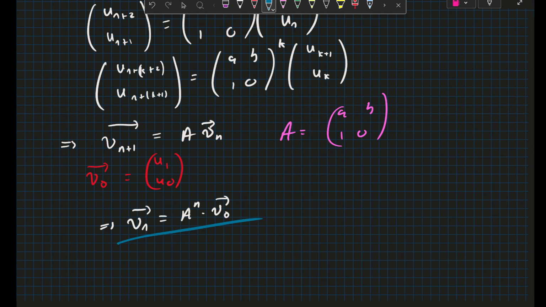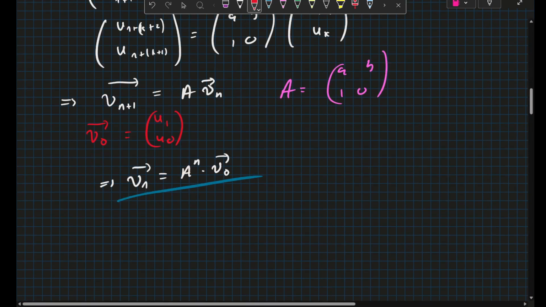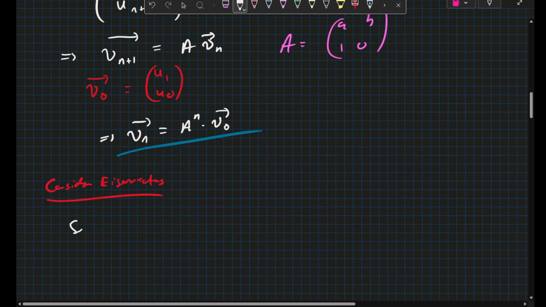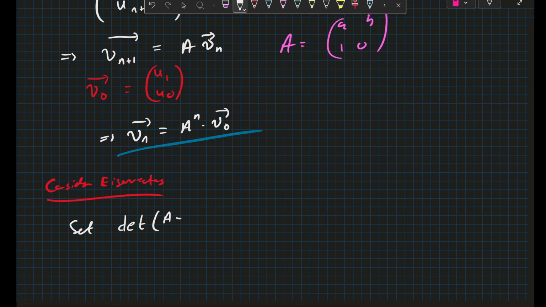So our second bit of information is to now consider looking for eigenvectors. How we're going to do this is set the determinant of our matrix, A take away lambda times the identity matrix of dimension 2, to equal 0 for our particular eigenvectors.